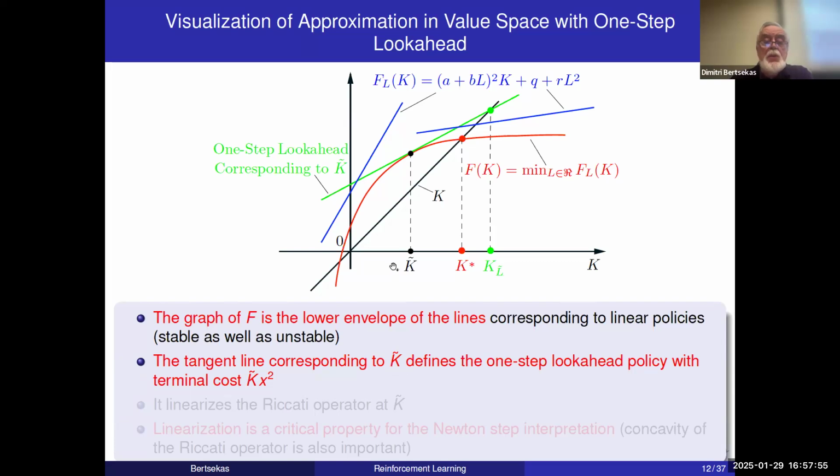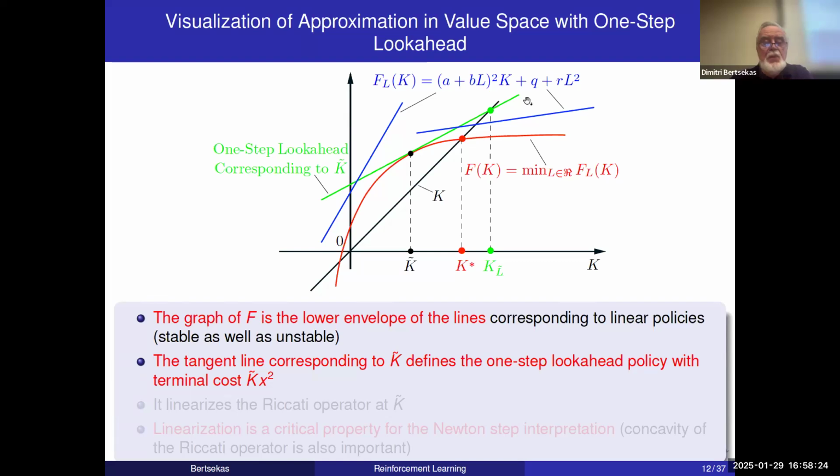So the tangent line corresponding to a given cost approximation defines the one-step look-ahead policy with terminal cost K tilde of x squared. You can see that because when you apply one-step look-ahead, you minimize over all controls at the given state. So you look at all these points of interception of the lines with this vertical, and you take the lowest one, and the lowest one is the one that corresponds to the tangent.